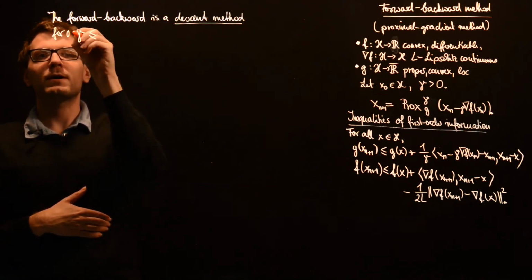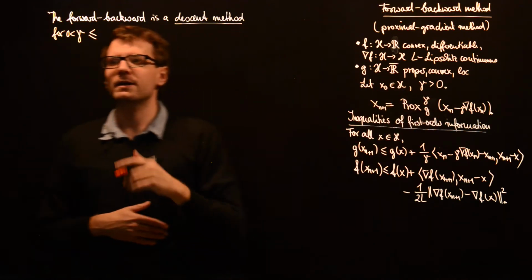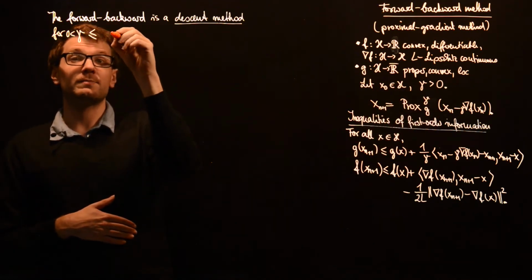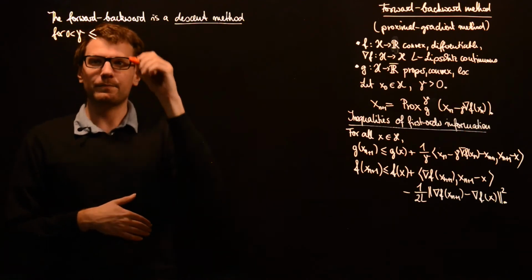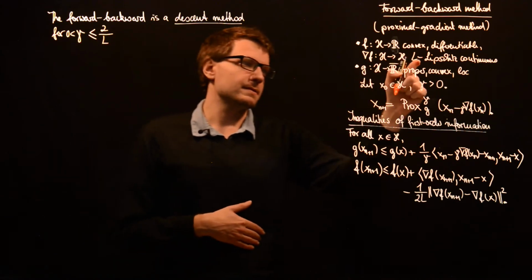And of course gamma has to be positive because otherwise the proximal point is not defined, and should be bounded by 2 over L. L again is this Lipschitz constant here.